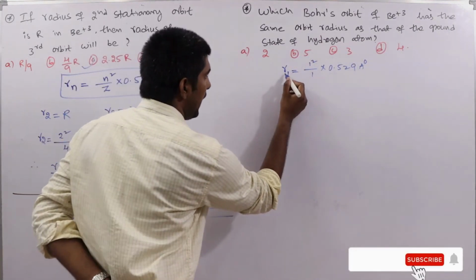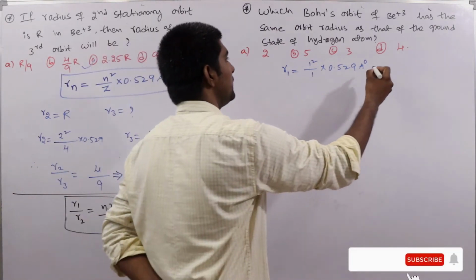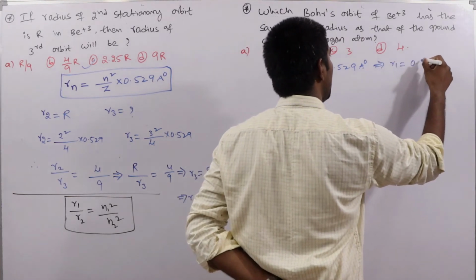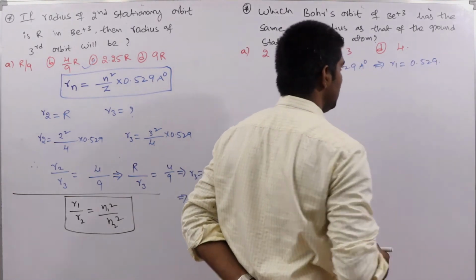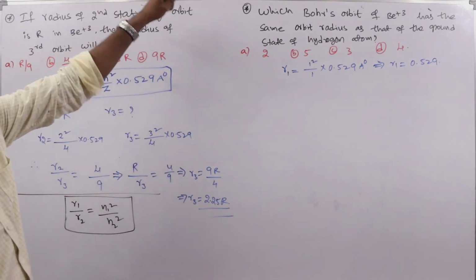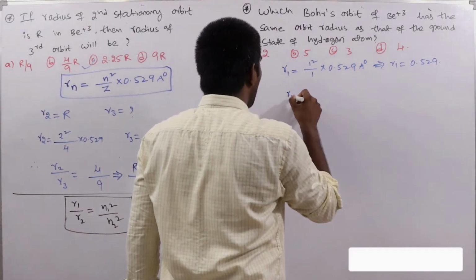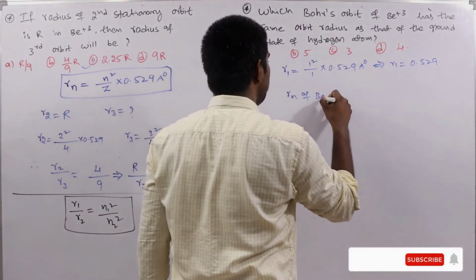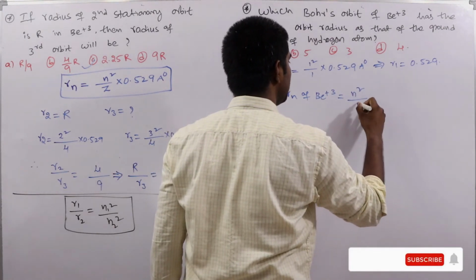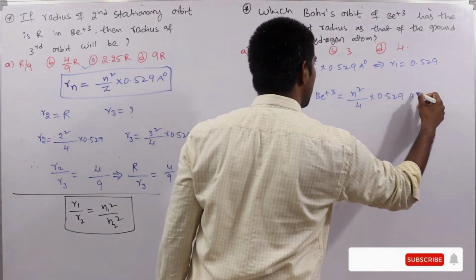So here R1, 1 square, Z is 1 for hydrogen, so that's why here we get R1 is equal to 0.529. Okay, this is the radius of the hydrogen atom in the ground state. Next, Rn of beryllium plus 3 is equal to n square by Z, which is 4, into 0.529 angstrom.